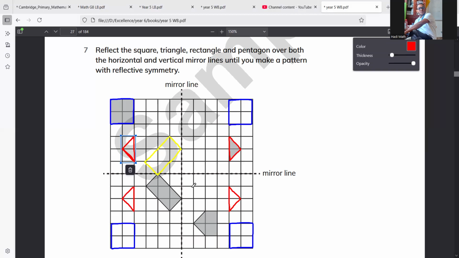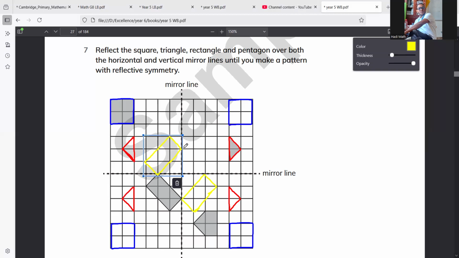And you draw it where? From here, you draw a line, this point, and then you make it this way, and then you draw it here, and then you make.